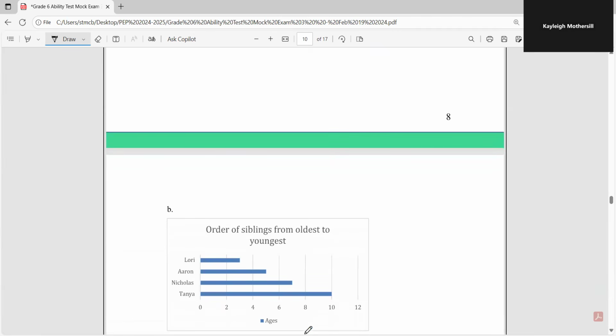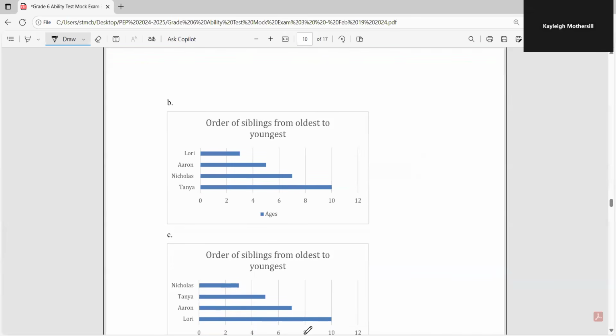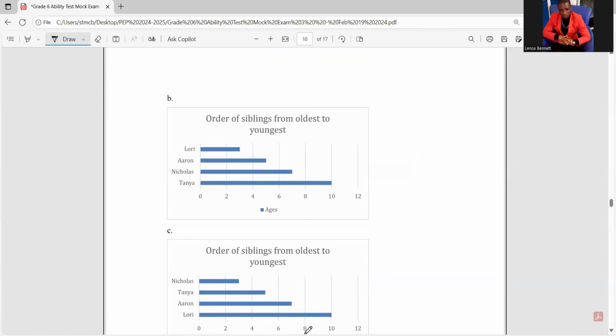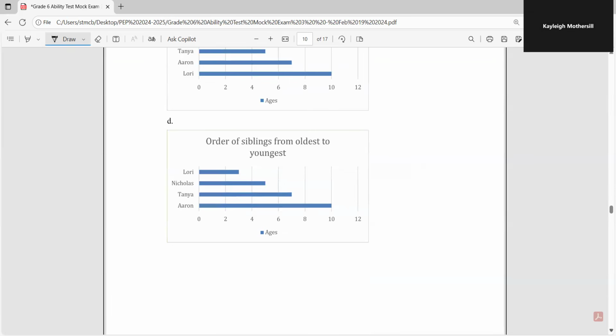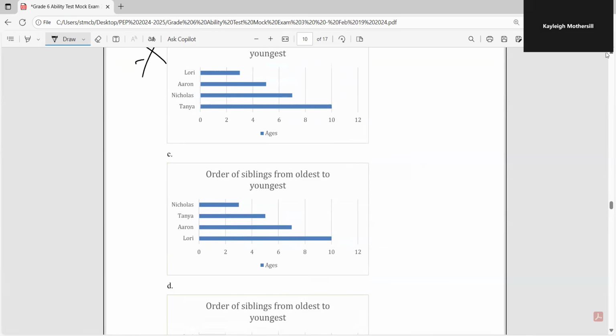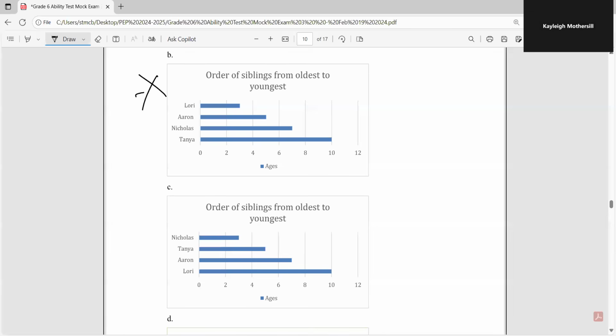If you look at B, you will see that Lori is younger than Aaron, so you would know that it's not B. So if you go down to D, you see that Lori is the youngest again, so it still couldn't be D, which leaves you with C. So if you go back up to C now, you would see that Nicholas is the youngest.